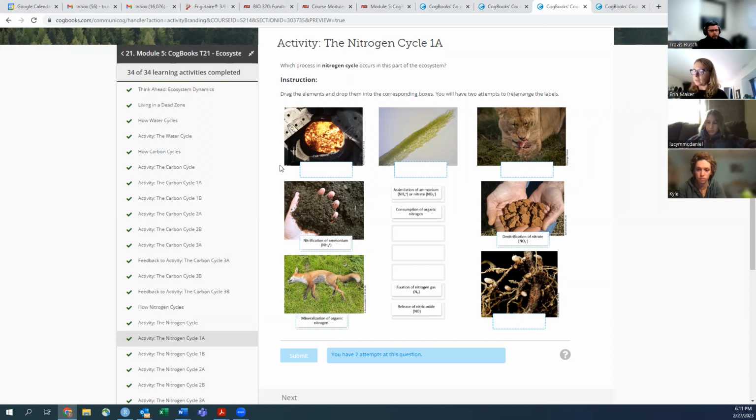Like a nitrous oxide, or nitric oxide, sorry. No worries. I think you would have gotten it if you had seen it in a multiple choice. So yeah, this is the release or the breakdown of organic nitrogen, which releases nitric oxide. So that's nitrogen combining with oxygen in the combustion process.